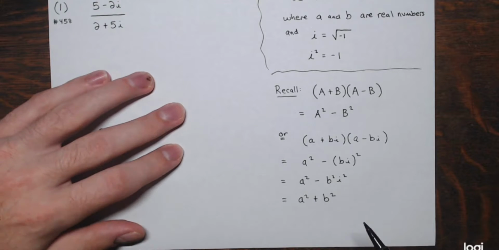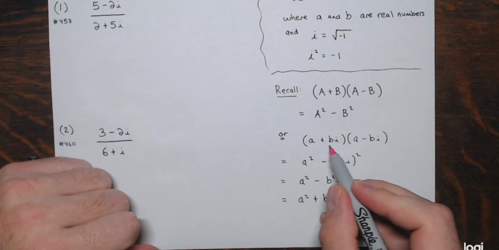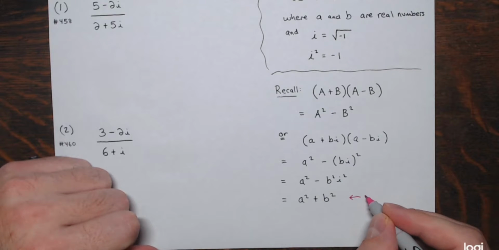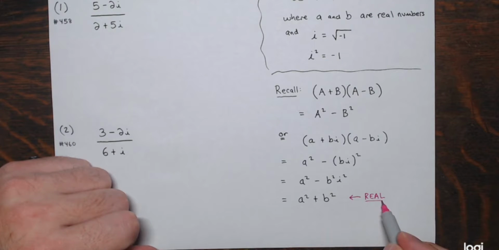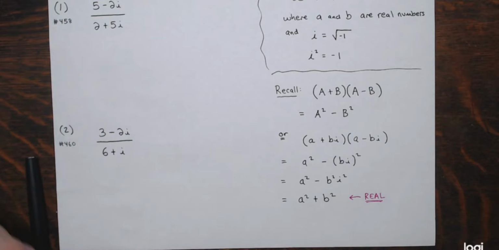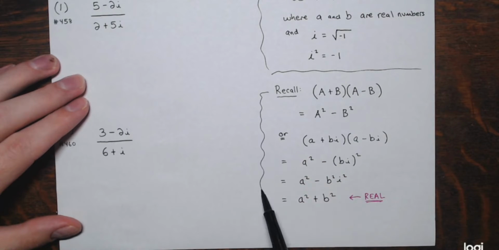Notice that when you multiply two complex conjugates, the final result is strictly a real number. There's no i anymore, no more imaginary unit. So that's going to be very useful for us in the division by a complex number.